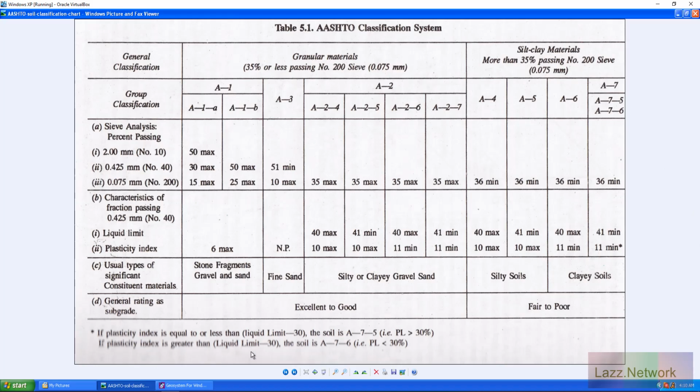If the plastic index is greater than your liquid limit, then that's what makes it an A76.